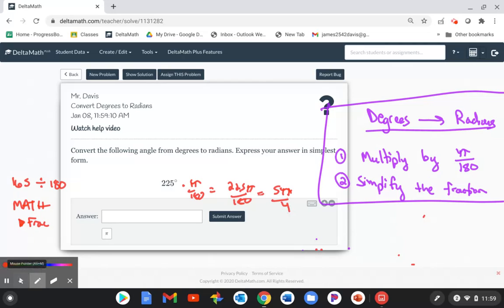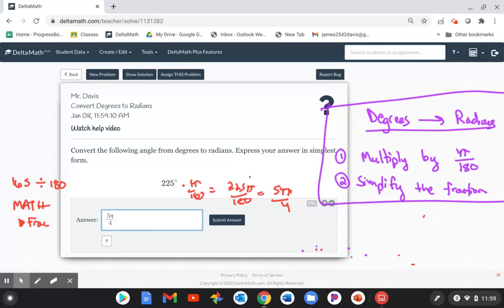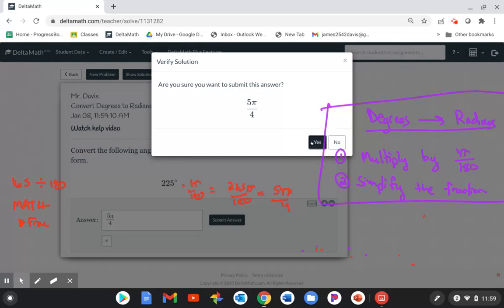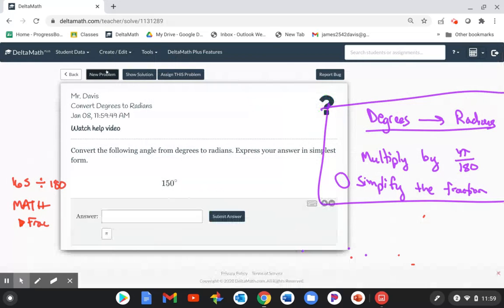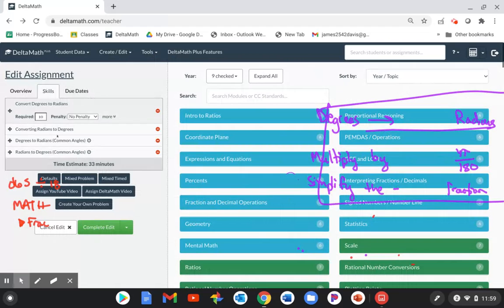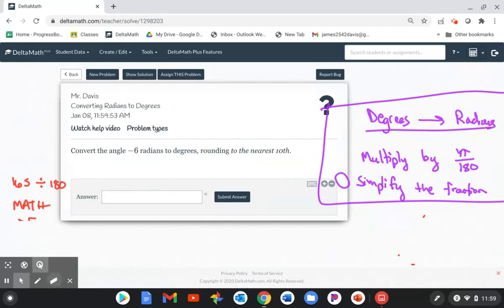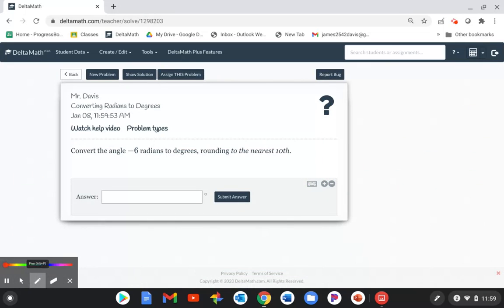All right, we're going to look at the next one, which is the opposite: converting from radians to degrees. In a lot of cases, that's actually even easier. Let's clear this one. We're supposed to convert this angle.